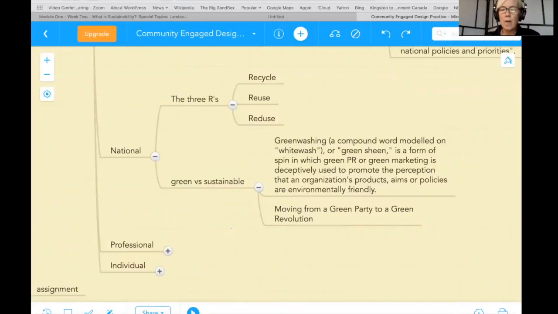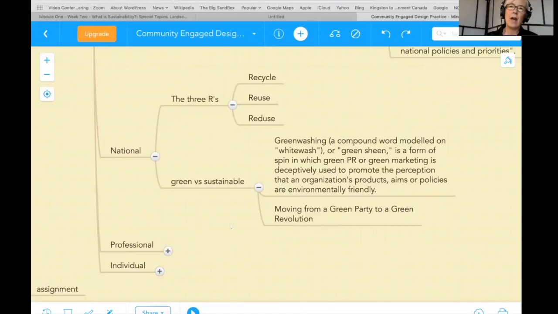The article that you have to read this week really talks about this whole idea of greenwashing. It really is a form of spin in which green PR or green marketing is deceptively used to promote the perception that an organization's products, aims, or policies are environmentally friendly.